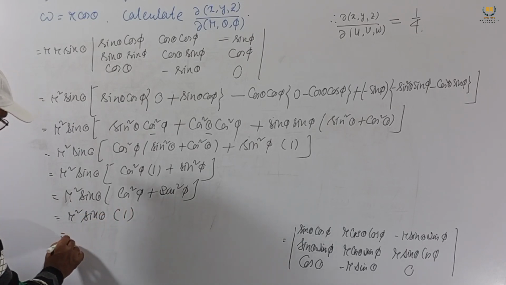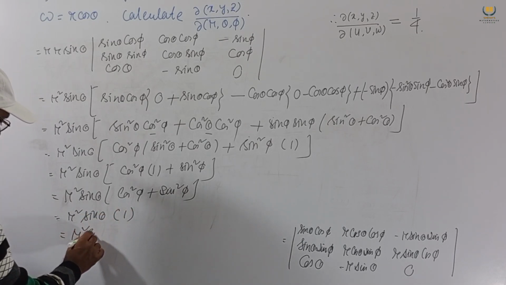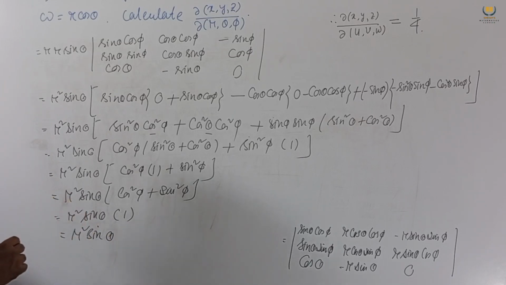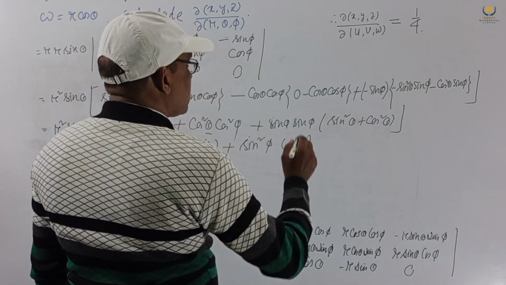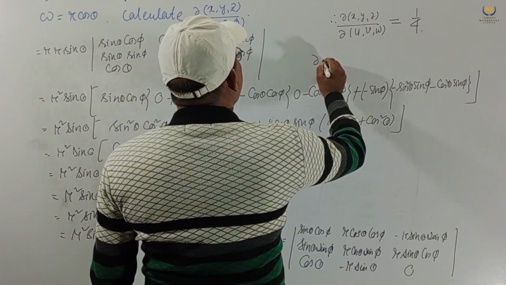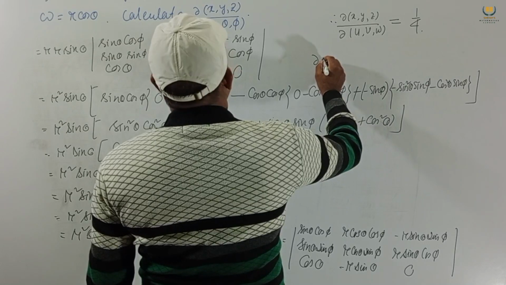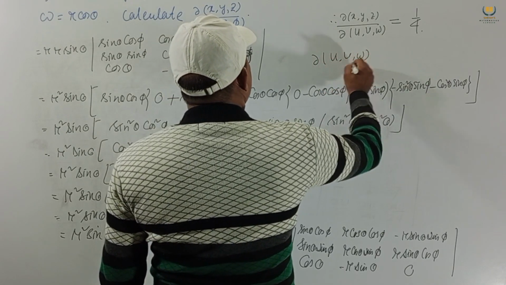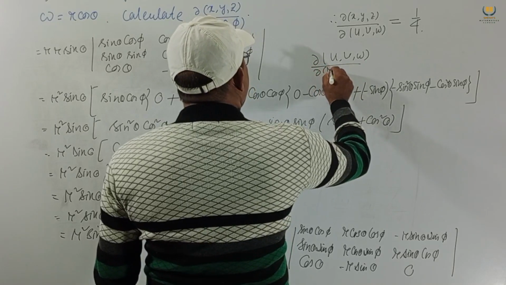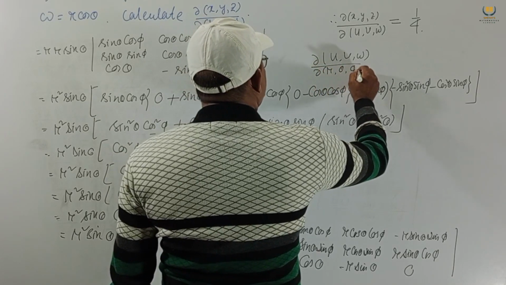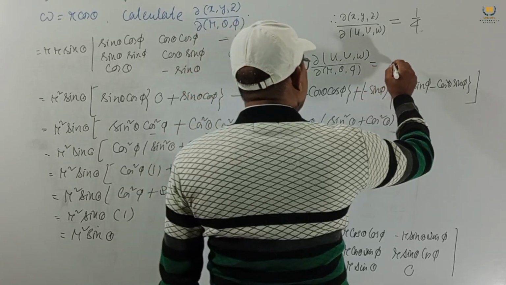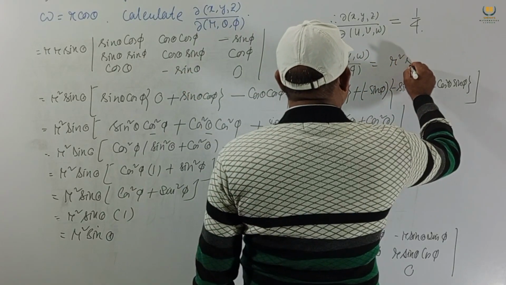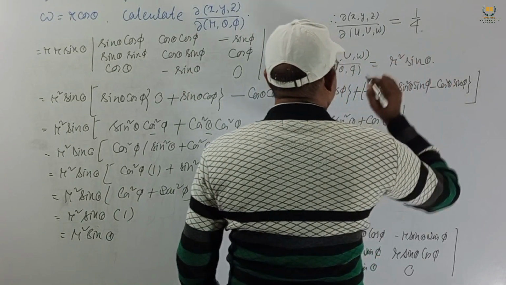Finally, del(u, v, w) by del(r, theta, phi) equals r square sin theta.